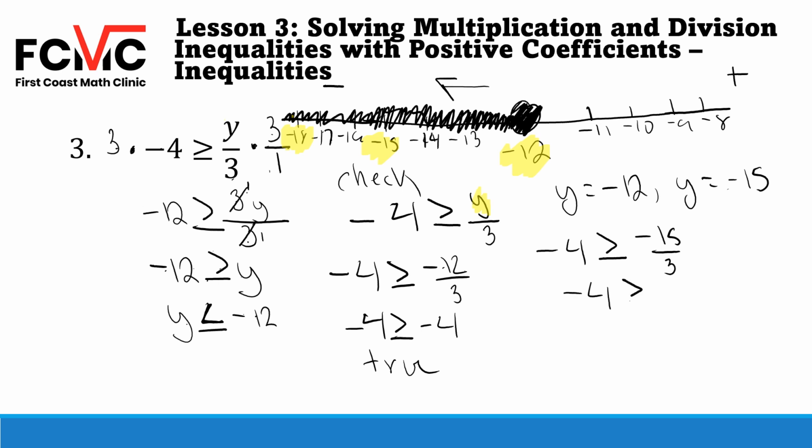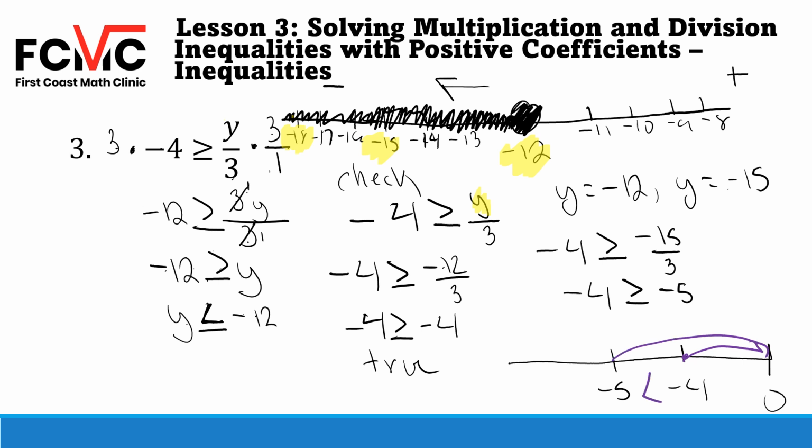Negative 4 greater than or equal to negative 5. So you can remember on our number line, the value closest to 0 is going to be our larger value. So negative 4 is closer to 0 than negative 5, so that's going to be our larger value. Okay.